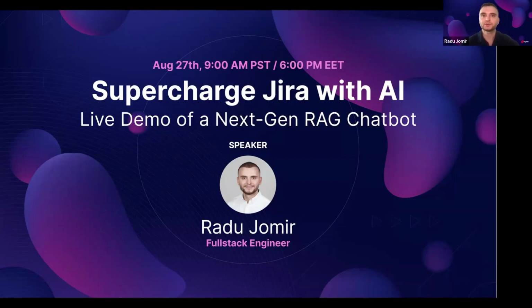So today we are going to explore how we built an AI-powered chatbot that can answer questions about Jira issues in natural language. We'll start by looking at the problem we are solving. Then I'll show you the solution, walk through the technical details, and give you a live demo. And we'll also talk about how you can deploy this yourself and the business value it brings.